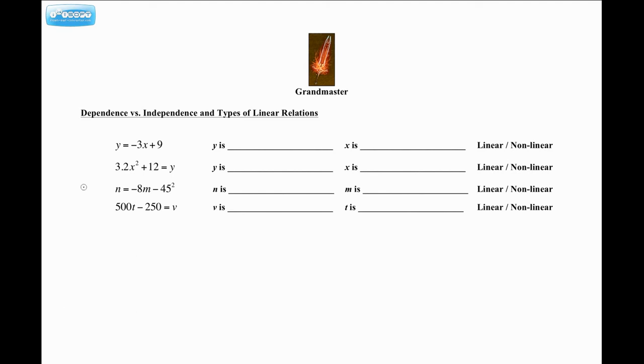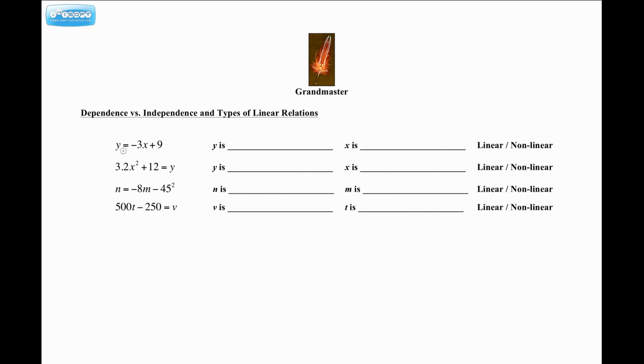So we have relations. These are all written as equations. We have no graphs, and we're not asked to do any sort of graphing. We just want to determine which variable is independent, which is dependent, and is it linear or nonlinear.